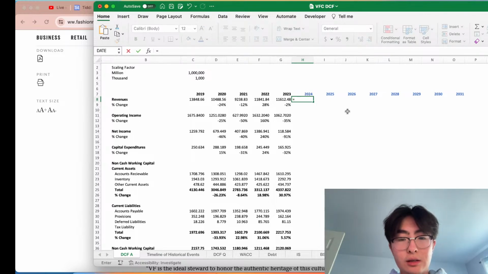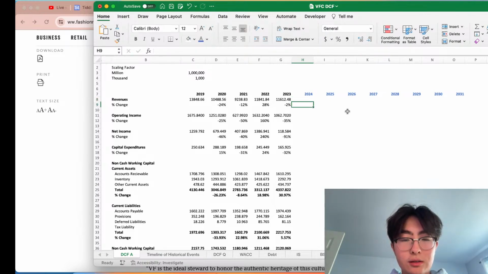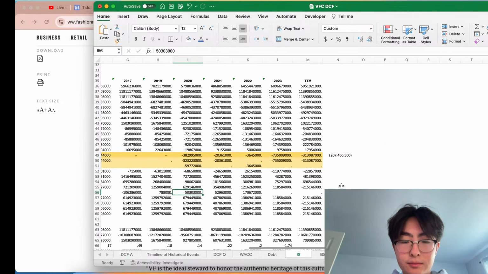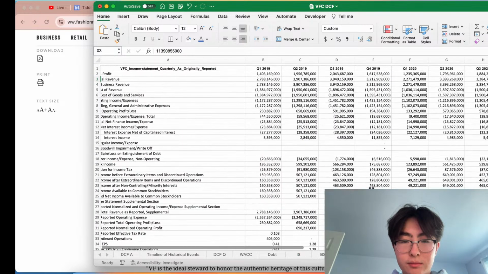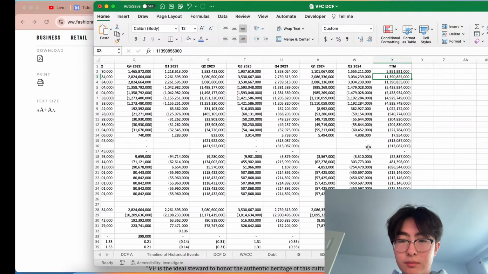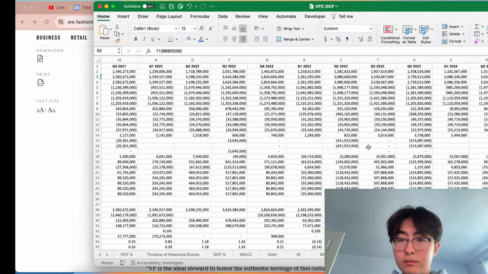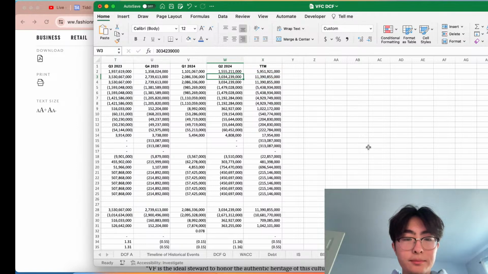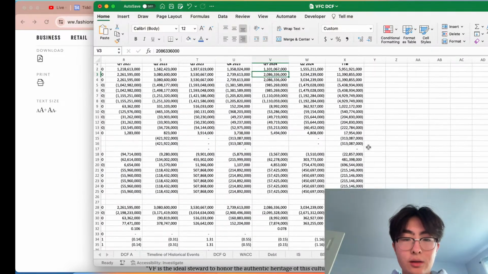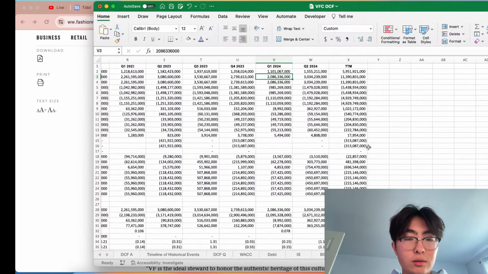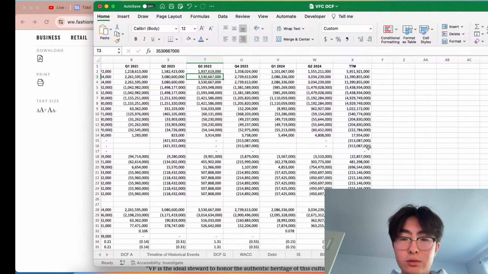So let's say revenues decreased. Q1, Q2.